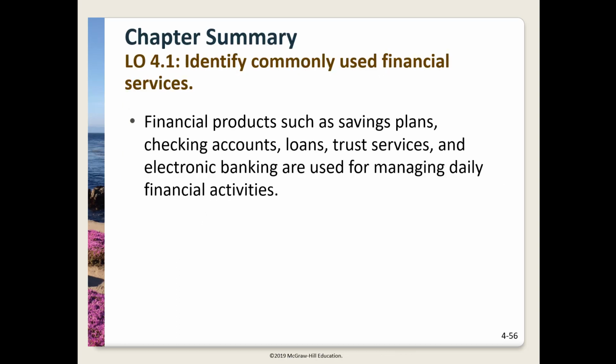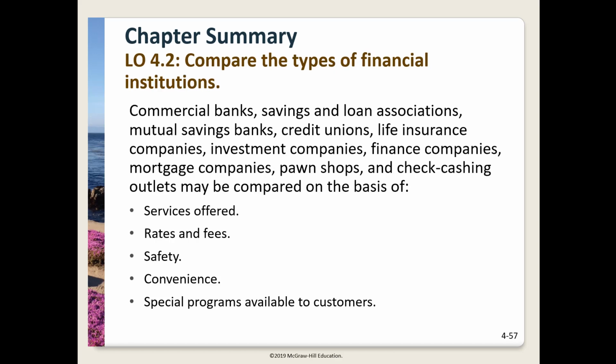Summarizing this chapter, these slides go over the 4 learning objectives. Learning objective 1 was identify commonly used financial services. We covered all the basic ones: savings plans, checking accounts, loans, electronic banking. We'll cover trusts in chapter 14. Learning objective 2 was to compare the types of financial institutions.